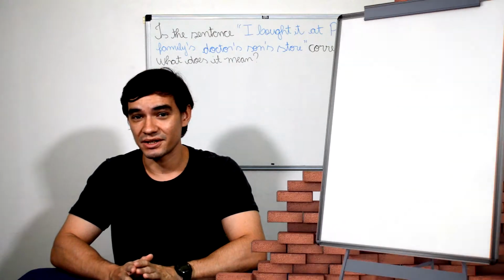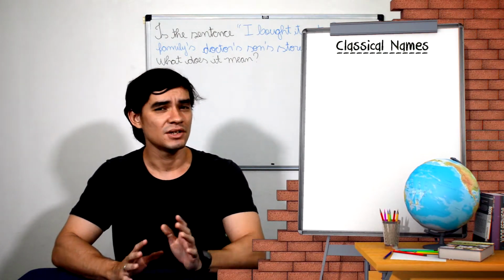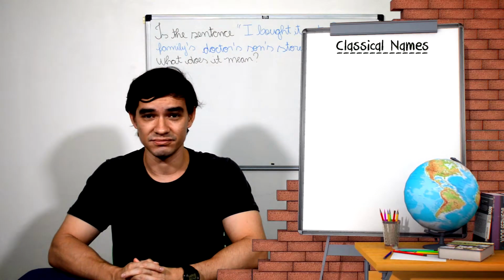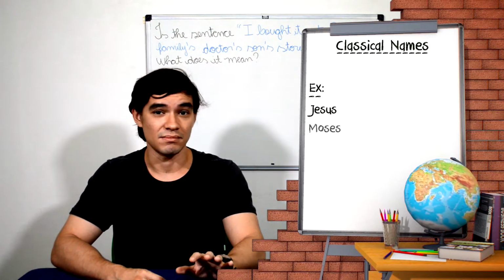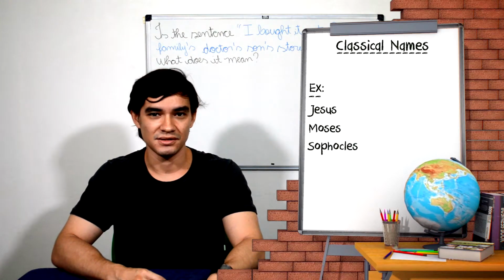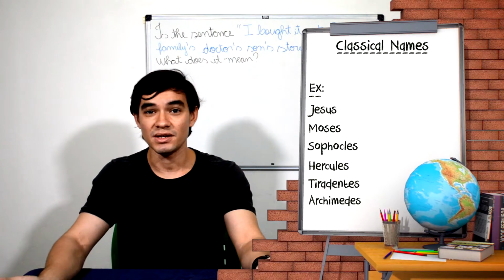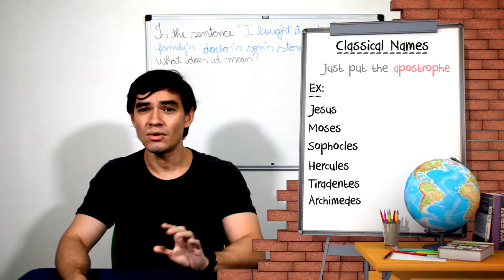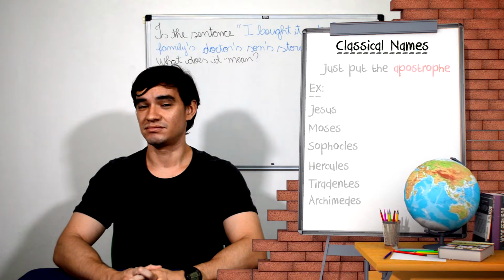Now, there's just one thing. People used to argue that some of the more classical and religious names should not have to follow this rule. With names such as Jesus, Moses, Sophocles, Hercules, Tiradentes, Archimedes, we would only put the apostrophe. So let's see some examples.